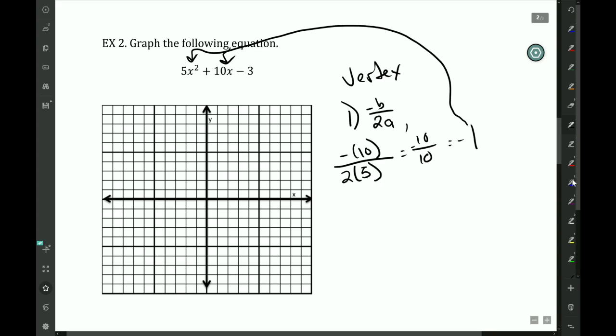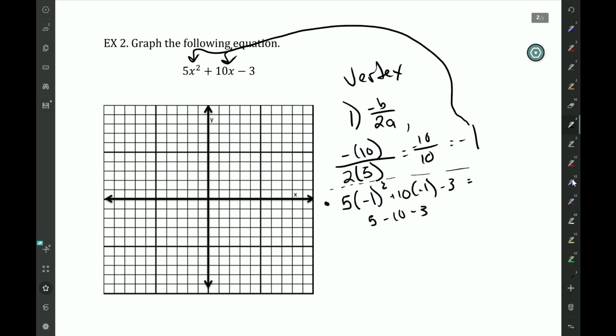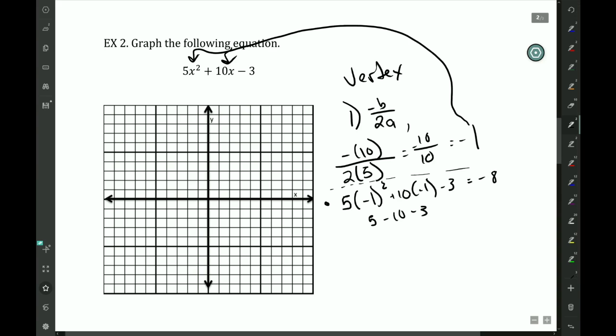Okay. Be careful. 5 times negative 1 squared plus 10 times negative 1 minus 3 equals, this is 5 minus 10 minus 3, which is conveniently negative 8. So the vertex is negative 1, negative 8.